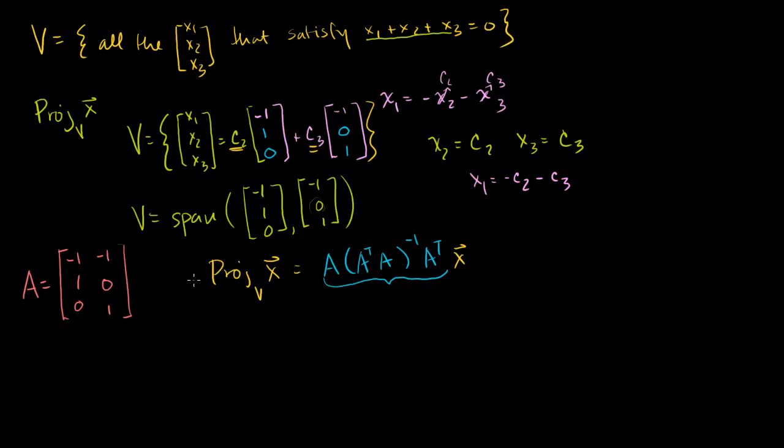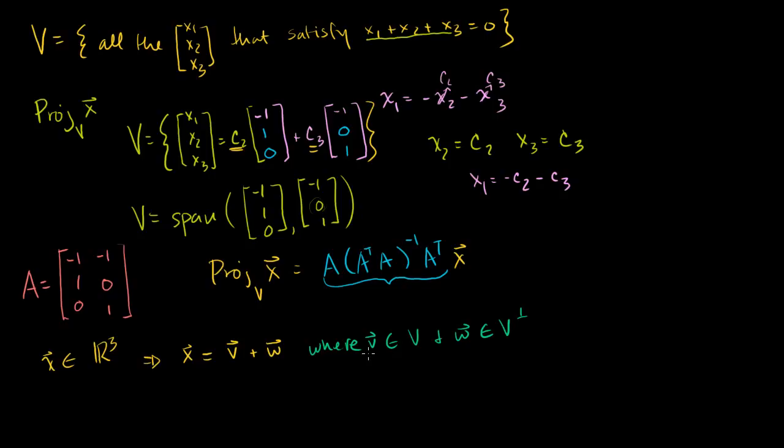Now, we know that if x is a member of R3, then x can be represented as a combination of some vector v that is in our subspace plus some vector w that is in the orthogonal complement of our subspace, where v is a member of our subspace and w is a member of the orthogonal complement.